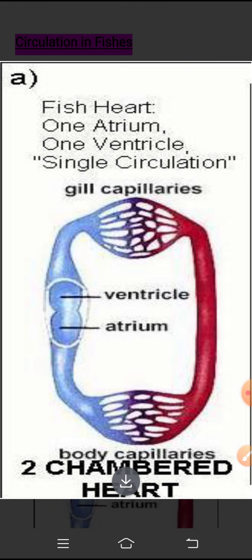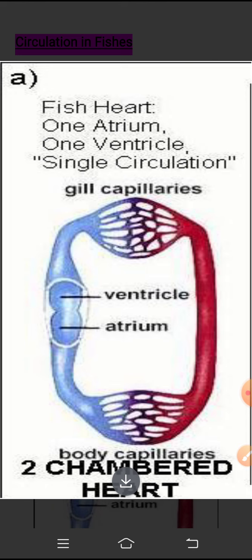So what is meant by atrium and ventricle? The atrium is the blood receiving chamber. I mean, it receives blood from the various parts of the body to the heart. And the ventricle is the pumping chamber. It pumps the blood out of the heart.